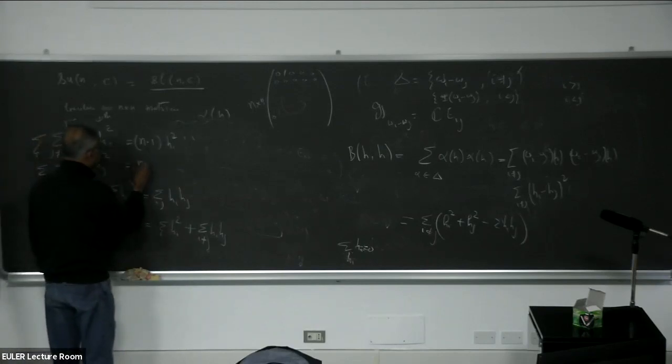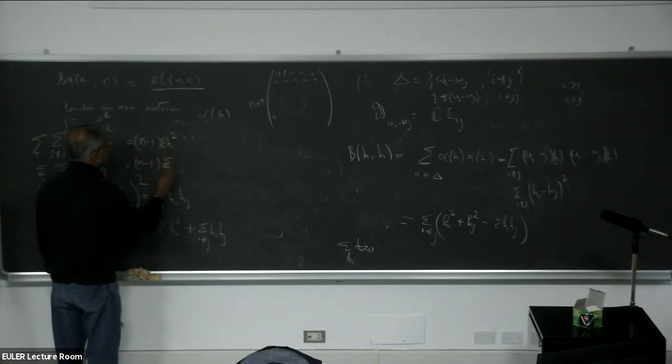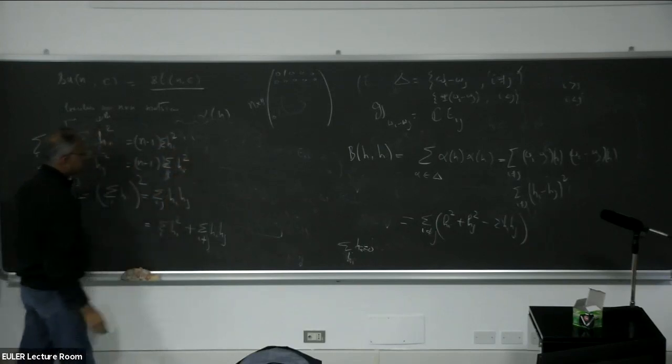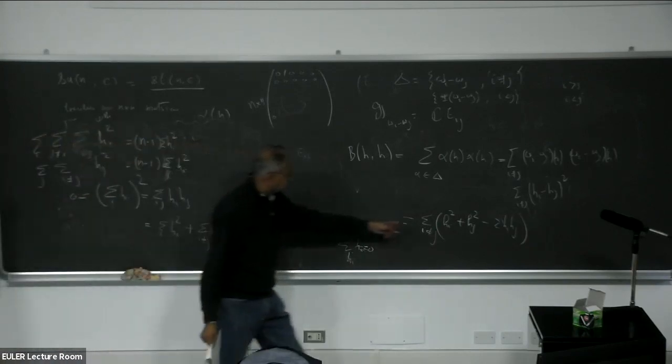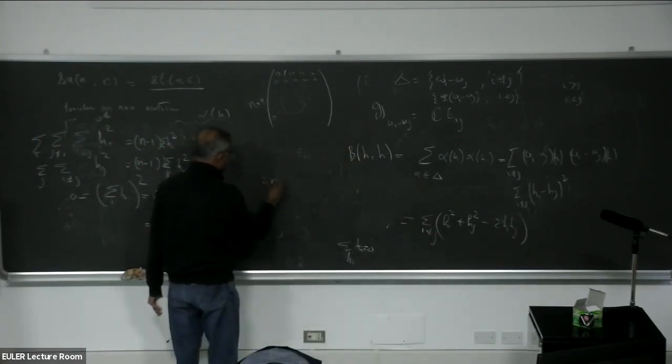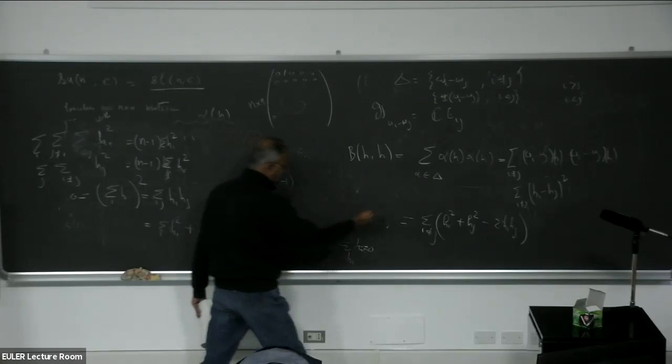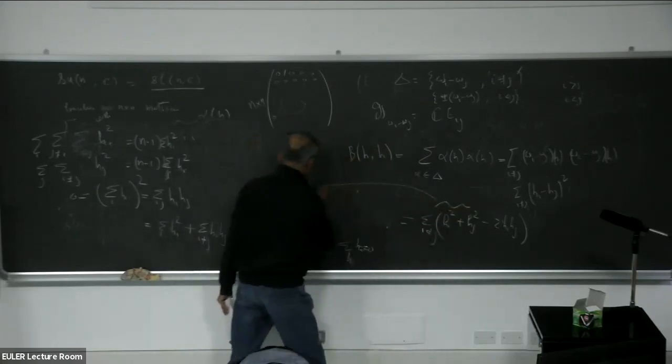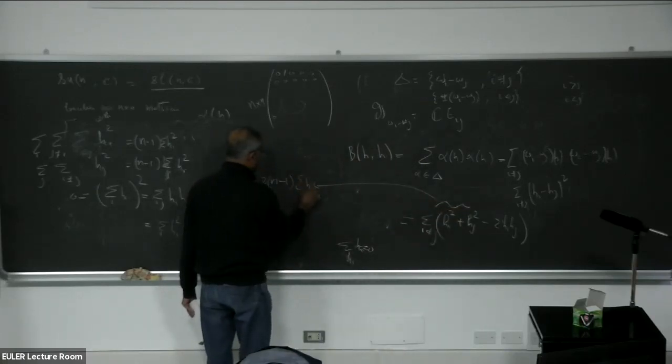So it's n minus 1 times the sum over hj square, which is the same as the sum over hi square. So these two terms give you n minus 1 plus n minus 1, that is 2 times n minus 1, times the sum over hi square.